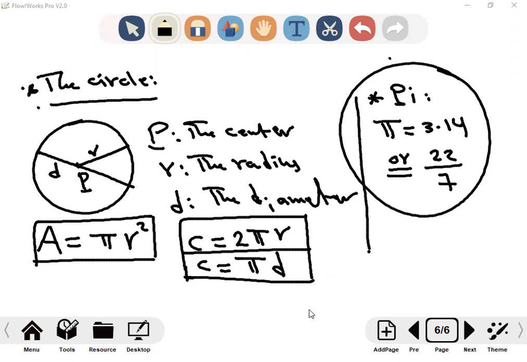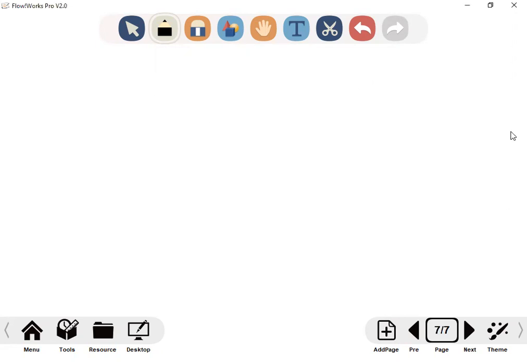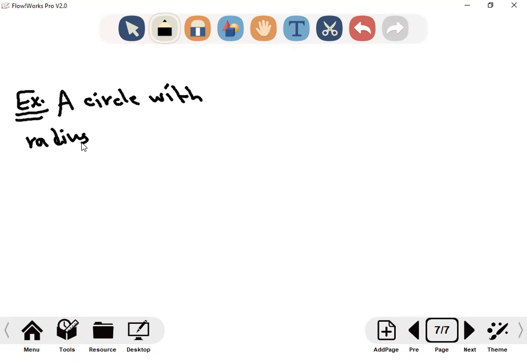Okay, let's move to how we find area and circumference with examples. Example, a circle with radius 5 centimeter.